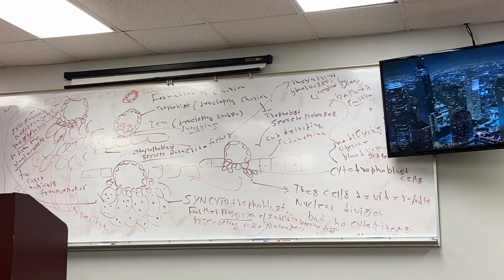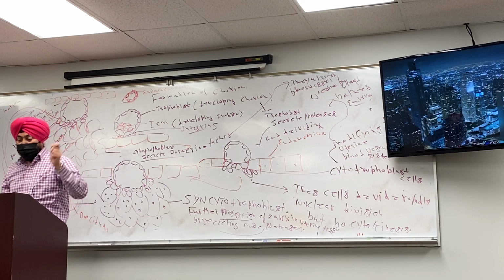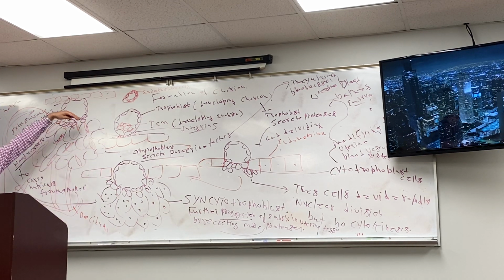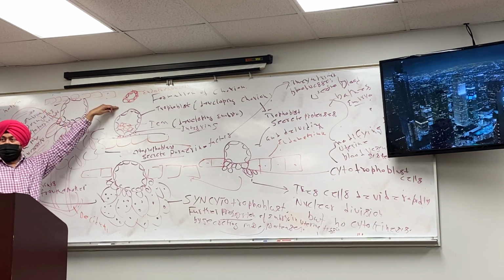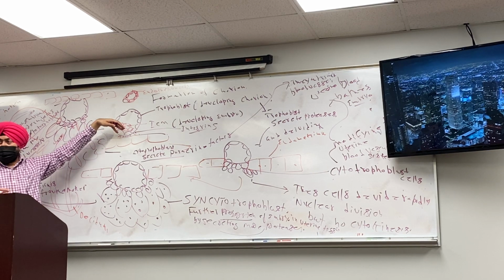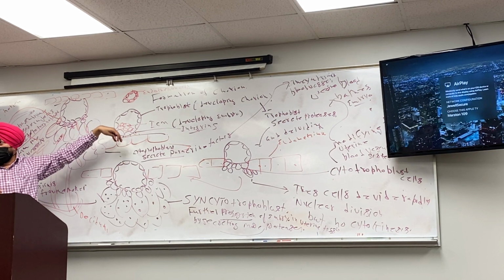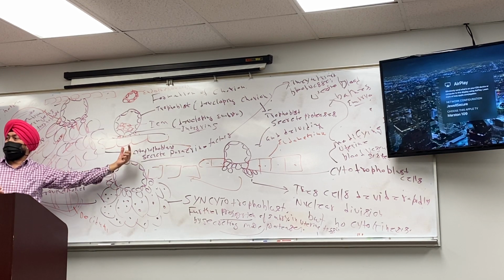So what is happening? Let me go back so that everything is clear. We are saying that this embryo that was ready to implant has integrin on it and they have cadherin on it. And we are saying these trophoblast cells start secreting proteases.